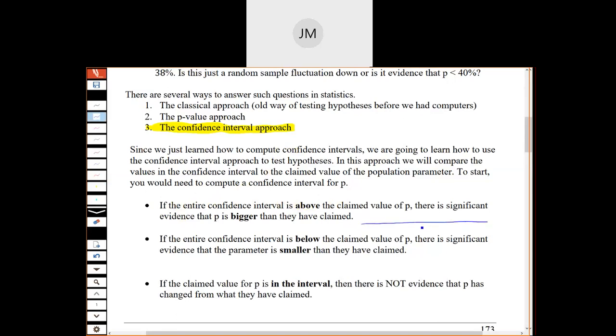Let's suppose that I claim that 15% of people smoke, and you take a sample, and in your sample the confidence interval is completely above that 15%. Maybe your confidence interval goes from 18% to 22%, with 20% right in the middle.